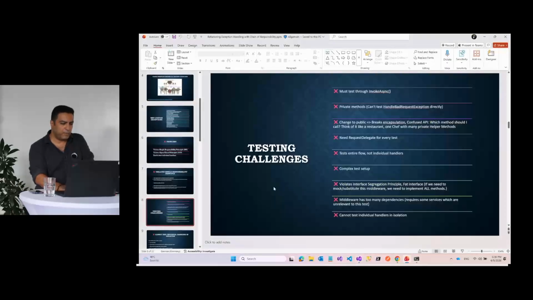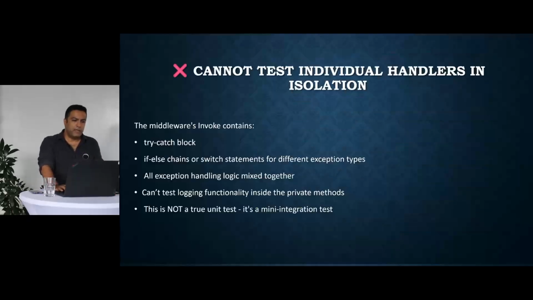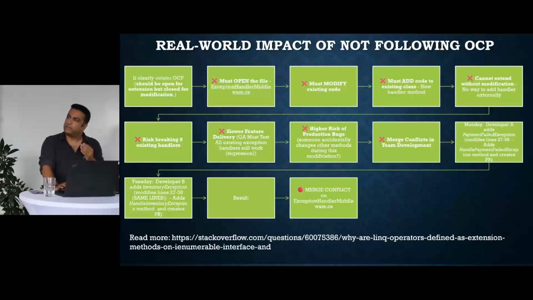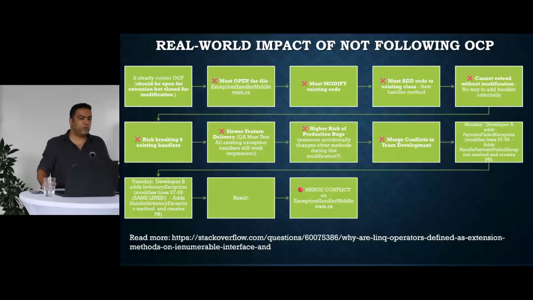Another known problem here, besides the test that we discussed, is the issue with the open-closed principle. What is the open-closed principle? The open-closed principle actually means that a class should be open for extension but closed for modification.